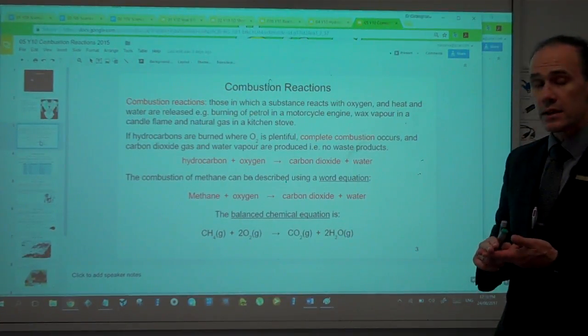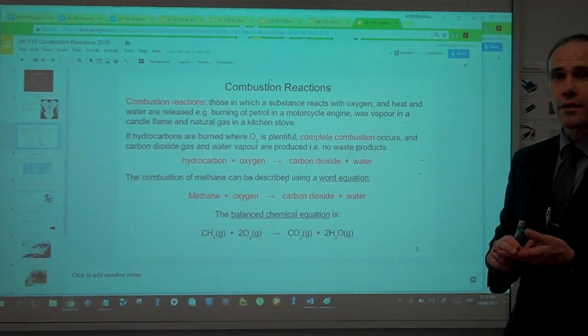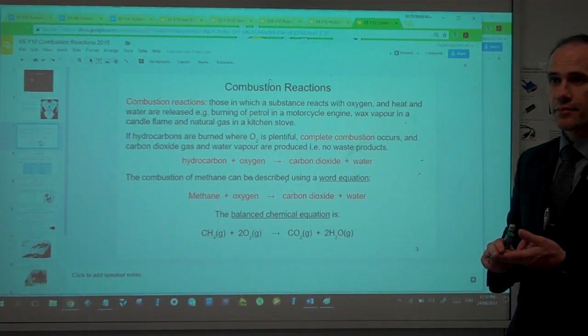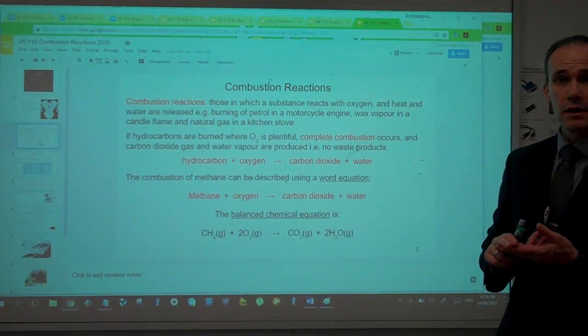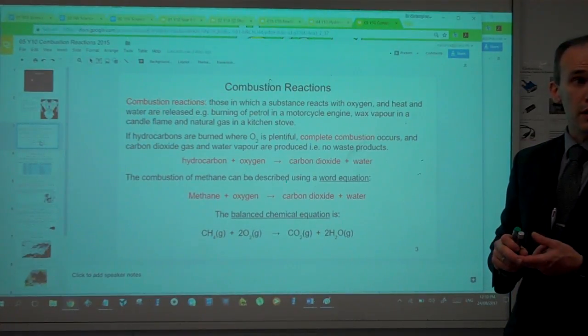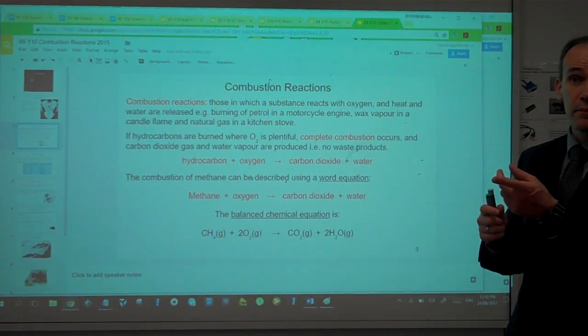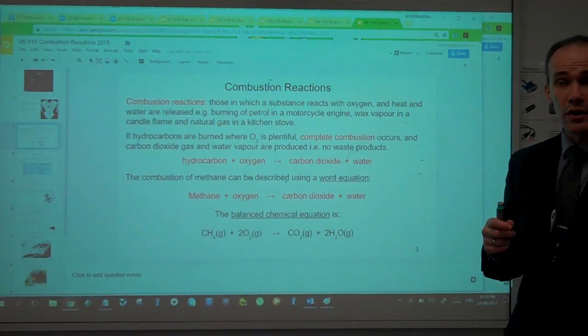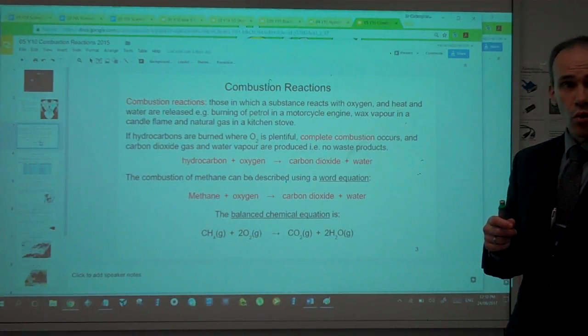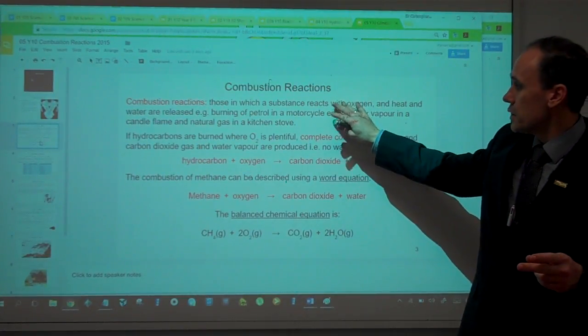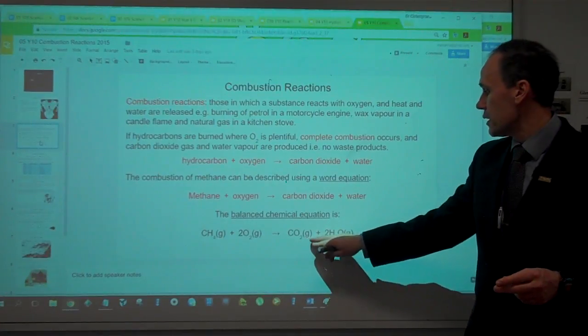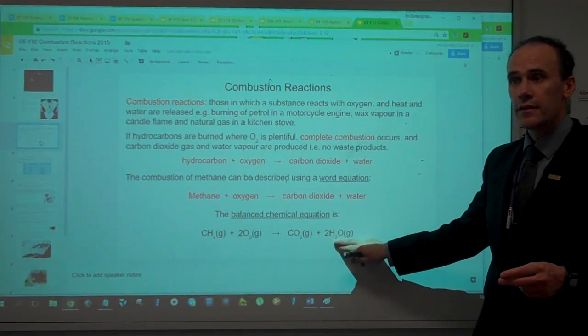So in complete combustion, what are the products? There's reactants and then there's products. Complete combustion has carbon dioxide and water.